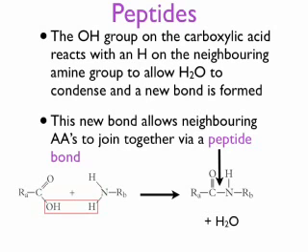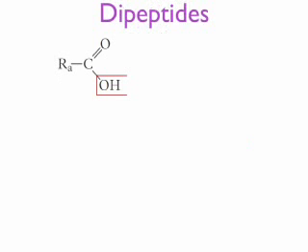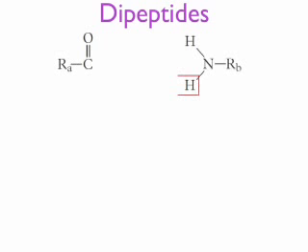Let's have a look now at the formation of a dipeptide. Here's a carboxylic acid group from one neighbouring amino acid. The doubly bonded oxygen slides up to 90 degrees. Here's an amine group from a different amino acid. The H slides up to 90 degrees. Water is condensed off, and a new bond forms between the two. This bond is called a peptide bond, and you must be able to recognise a peptide bond.